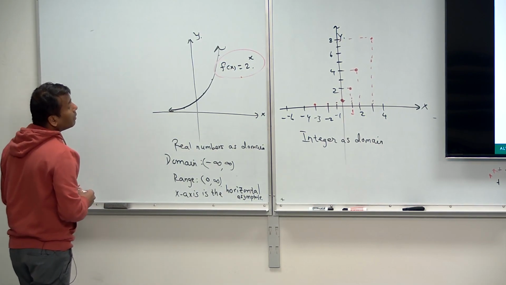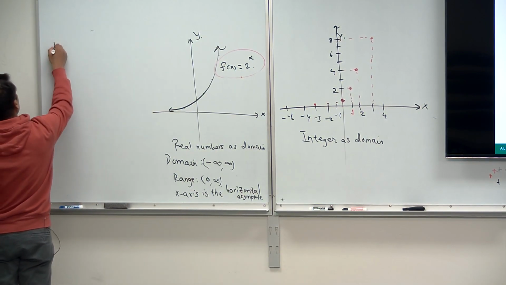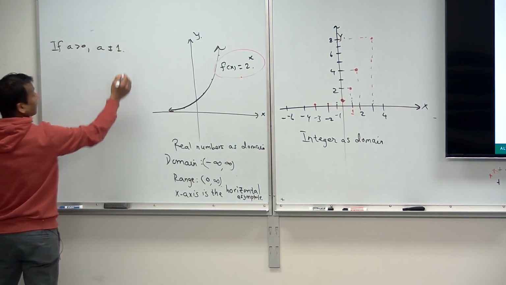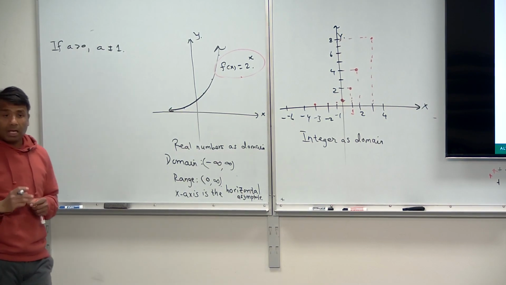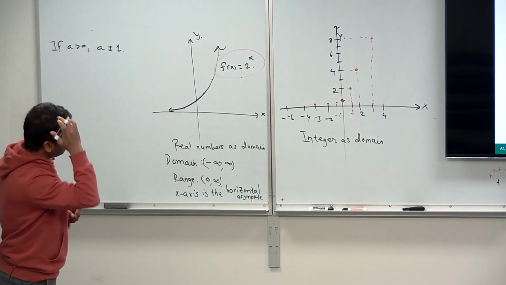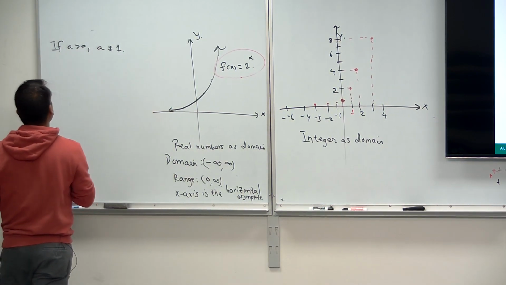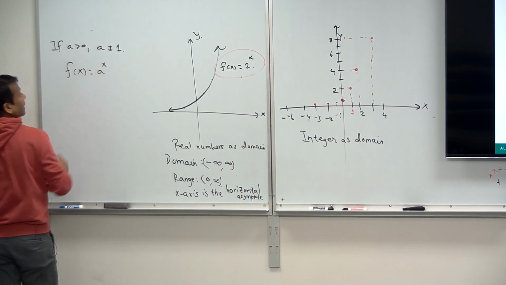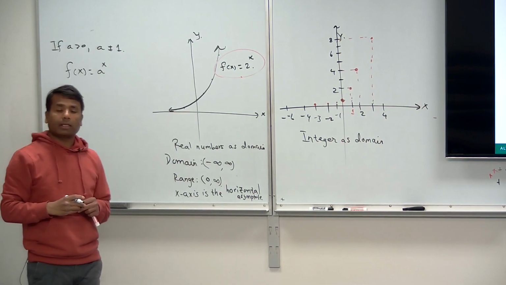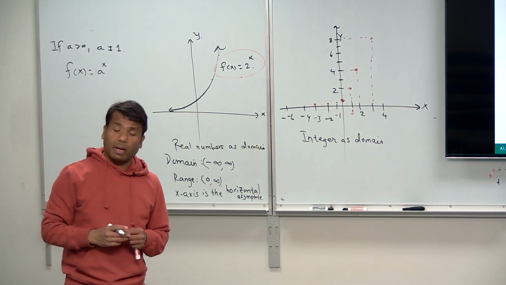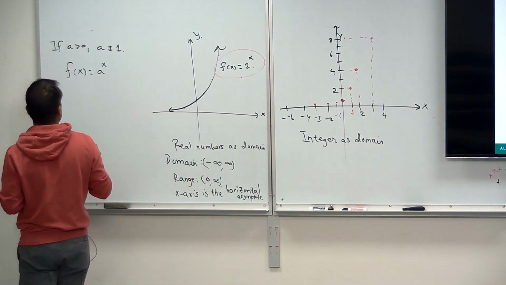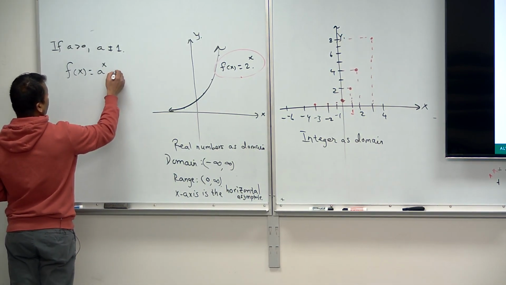If a is positive and a is not equal to 1, then f(x) equals a to the power x is the exponential function with the base a.